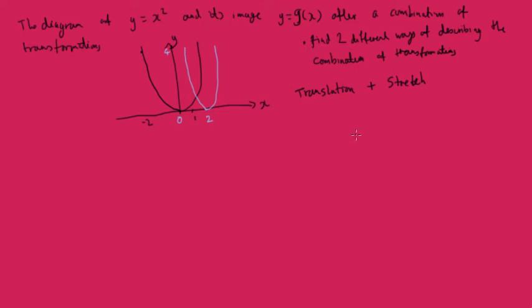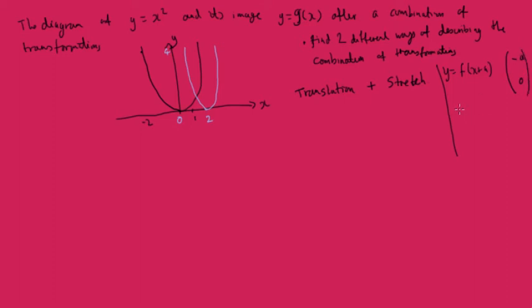Now, this is in the horizontal. So I'm going to just write beside us the rules for the translation and the stretch. I'll just write them down here just so we've got them. So y equals f of x plus a, and it's got a translation vector of minus a, 0.